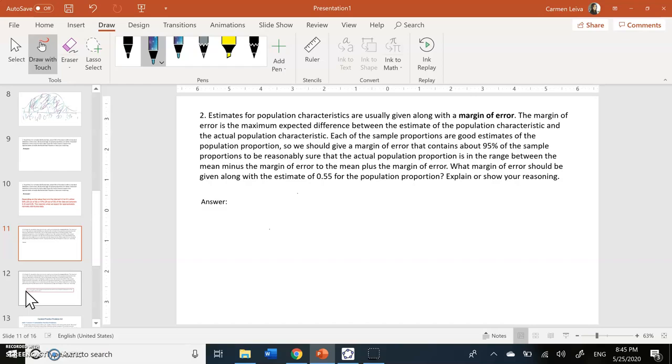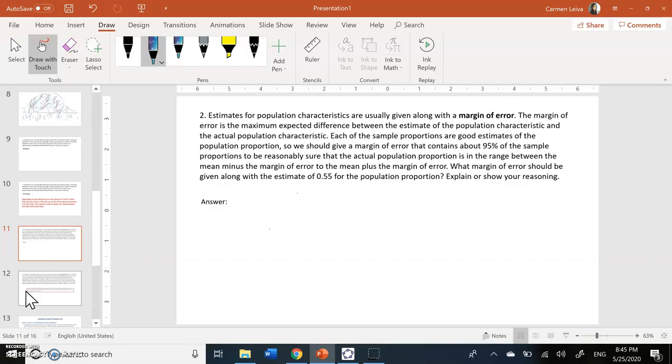Now the next one says estimates for population characteristics are usually given along with a margin of error. This is where they start to get technical. Go back to the definition of population characteristic and you will see what that means. But margin of error, think of it this way.